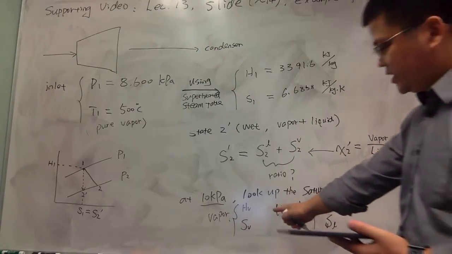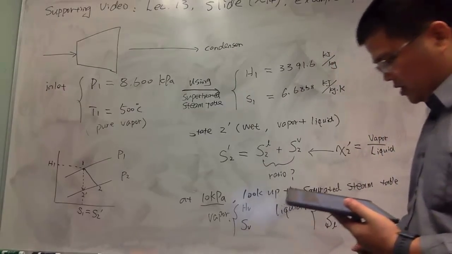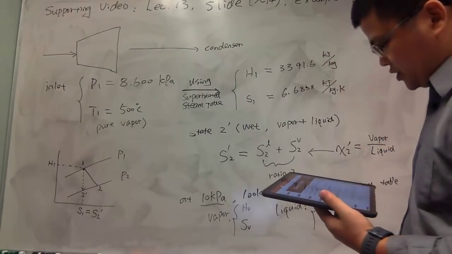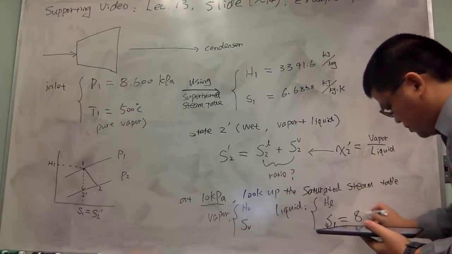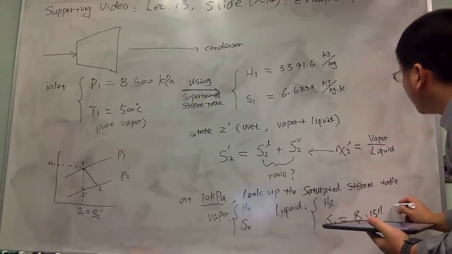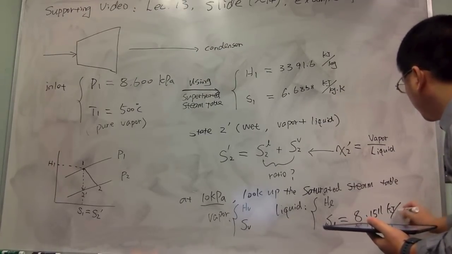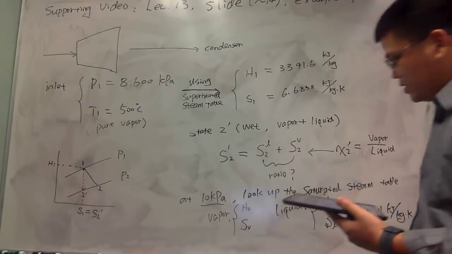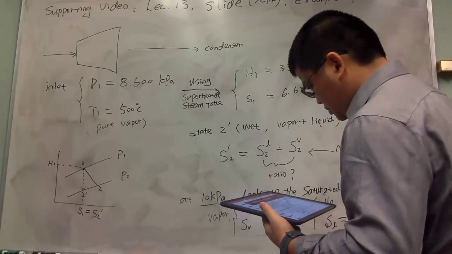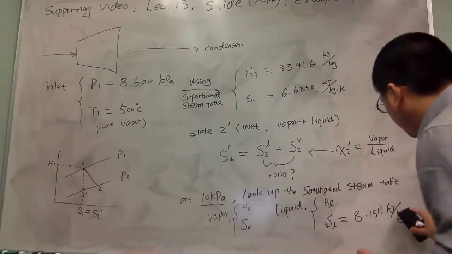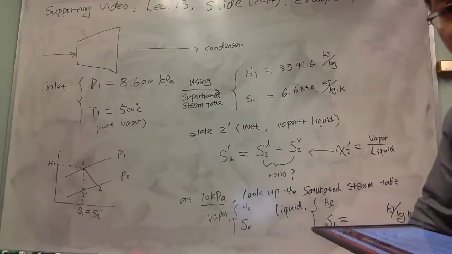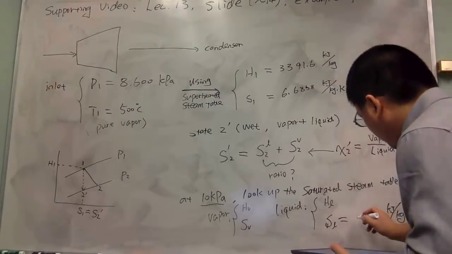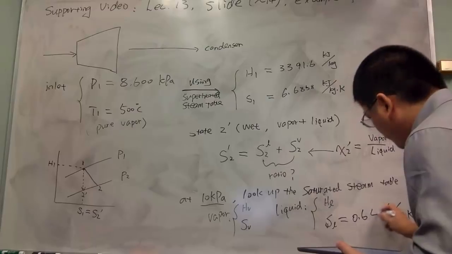So now with the values as I have, this S vapor would be 8.1511 kilojoule per kilogram Kelvin. No, excuse me, this is wrong. Liquid is having smaller entropy because they are not that crazy. The entropy of the liquid is 0.6493.